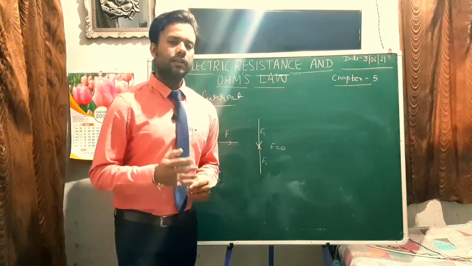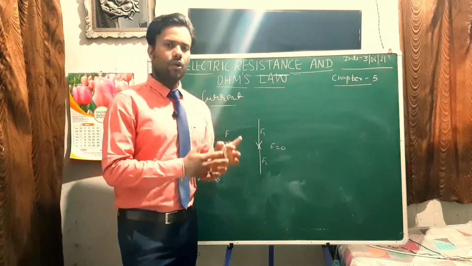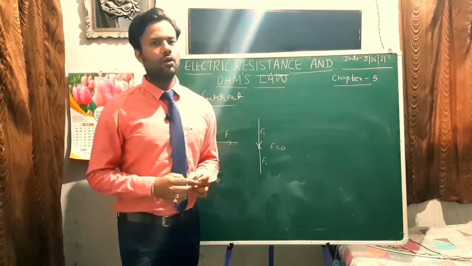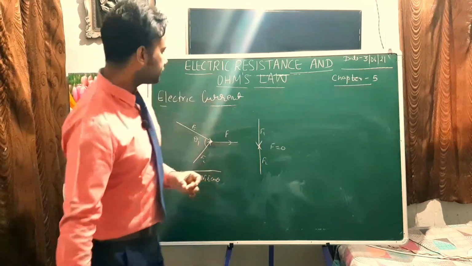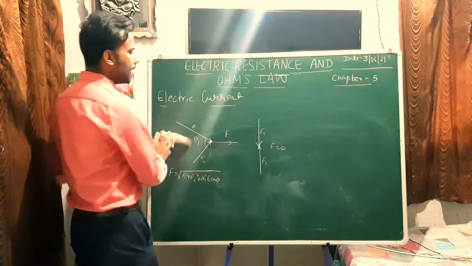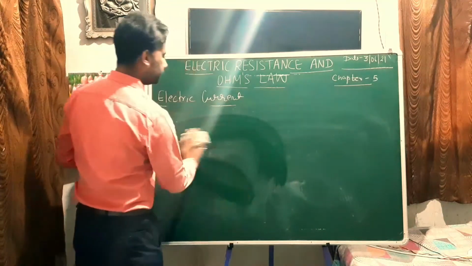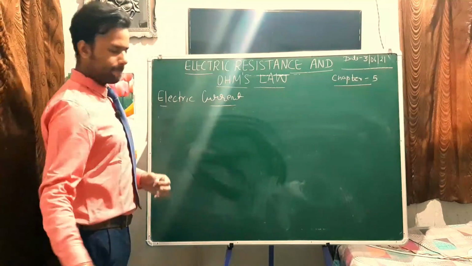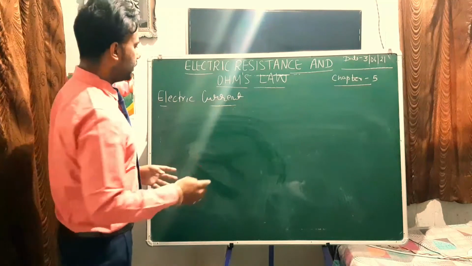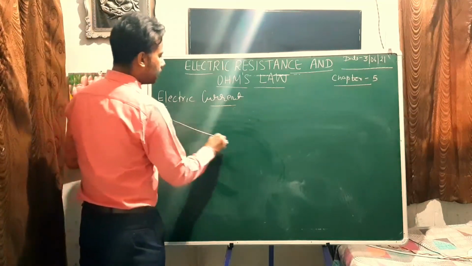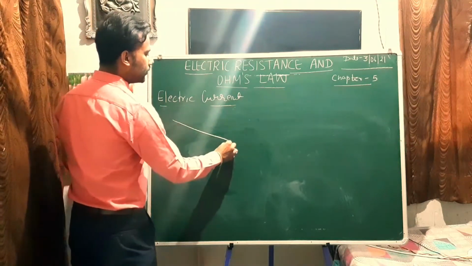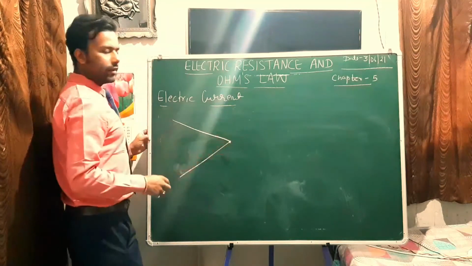So let's check whether this law works for current also. Suppose we take two currents coming from two different paths and arriving at the same node.